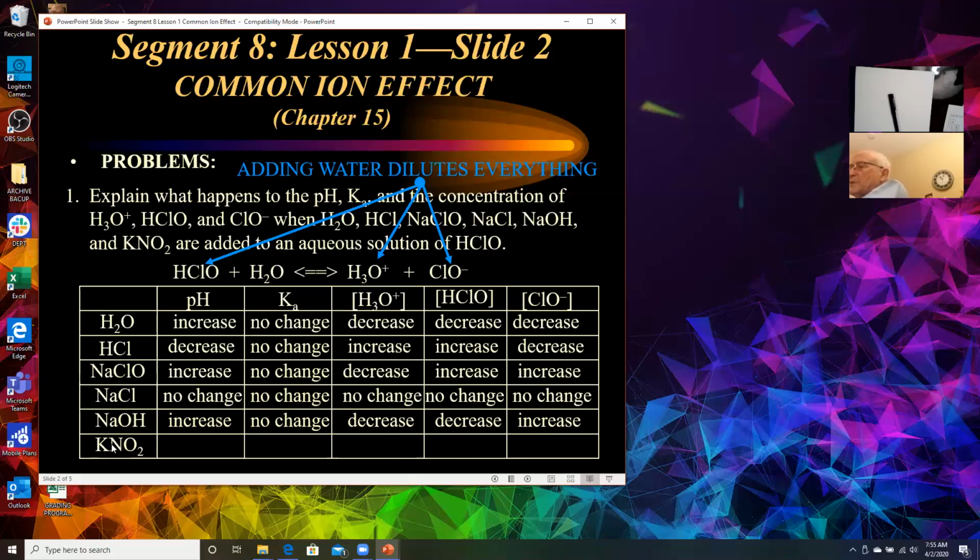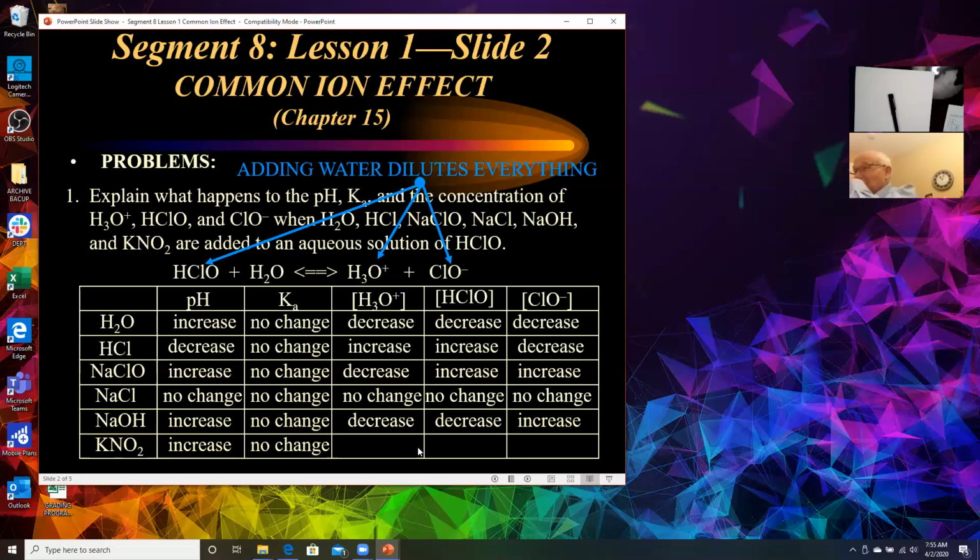What about if sodium nitrite or potassium nitrite I used here? Well, potassium nitrite is the salt of a weak acid. Potassium hydroxide, a strong base, would react with nitrous acid to produce this salt. So the salt is going to be basic. We'll discuss that some more. So the pH is going to go up.